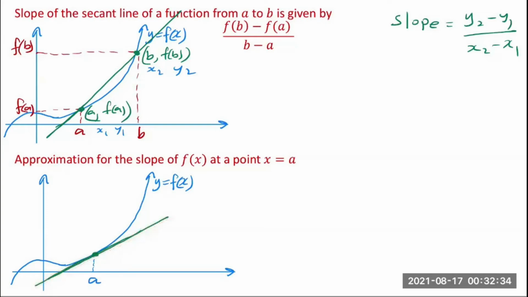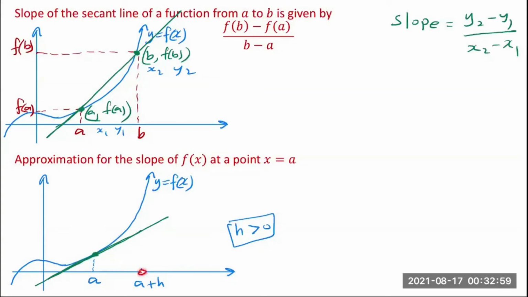So I want to find an approximation for the slope of this tangent line. How do you get an approximation for the slope of that tangent line? Well, the idea is I'm going to find a nearby point. I'm going to take h to be a small positive quantity. Then my a plus h would be a point to the right of a, somewhere here, right?